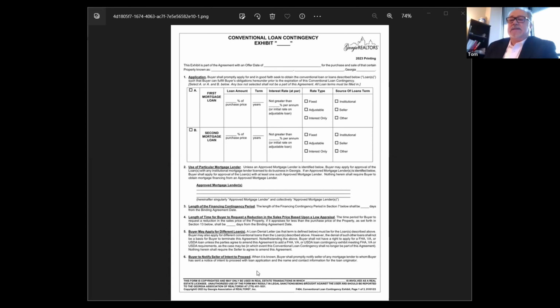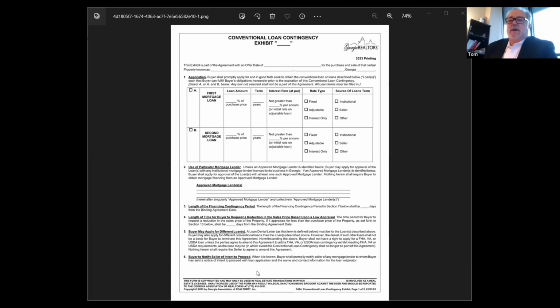Or if you're a listing agent and they haven't sent you this letter, notice of intent to proceed, you should probably ask for that. But if you don't receive it and you don't ask for it and it wasn't done, and even though the buyer may have been sent a loan declination letter within their proper time frame, they could still be at risk of losing their earnest money.